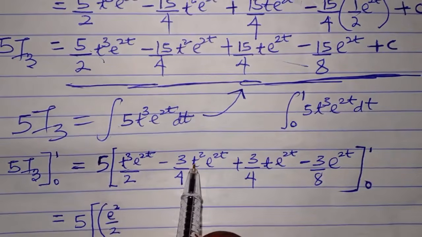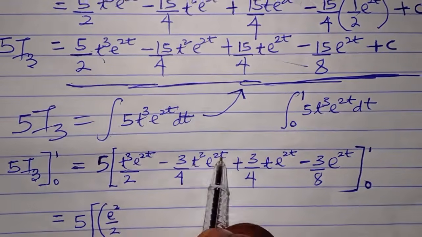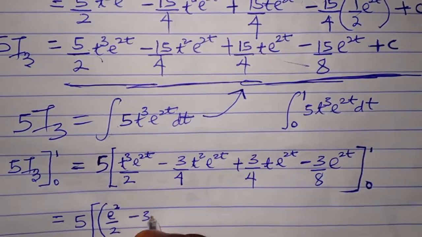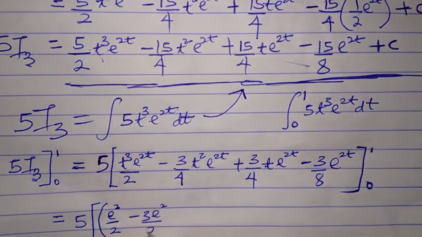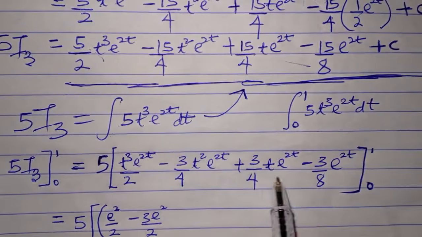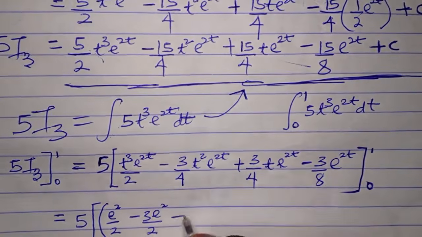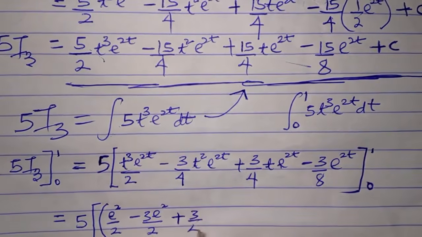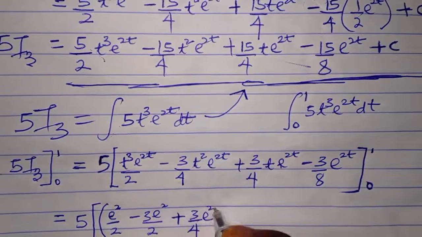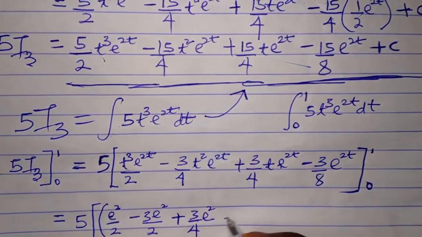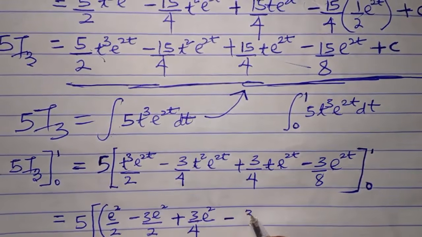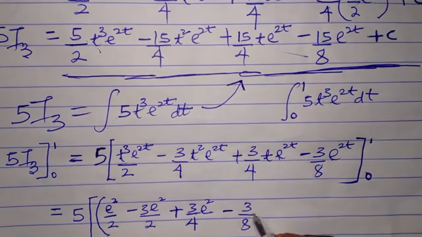If I plug in 1 here, this will be 1. The same thing here, minus 3 e squared over 2. If I plug in 1 here, I'll be having 3 over 4 e squared, right? Minus 3 over 8 e squared.